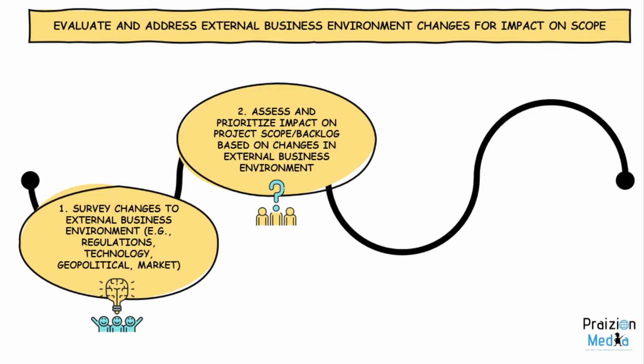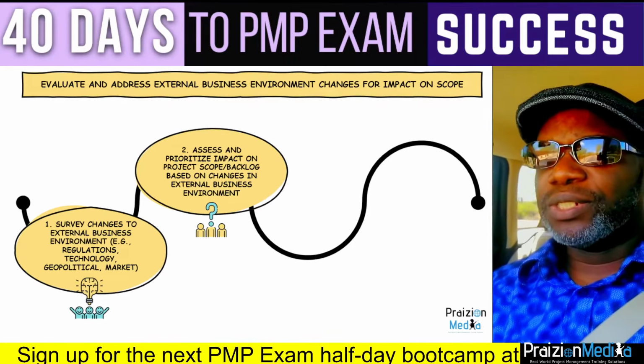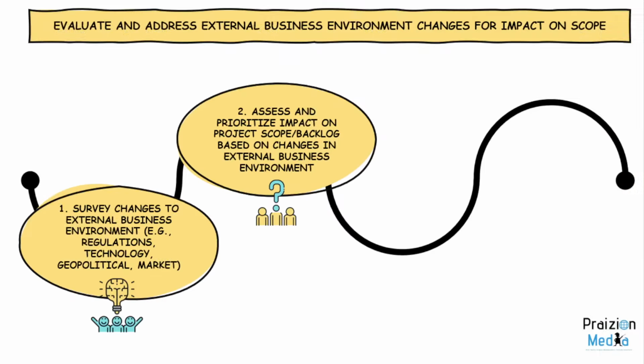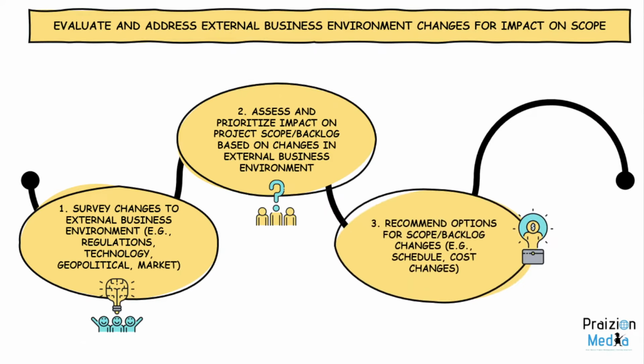So after you have surveyed the changes to the external business environment, talking about regulations, technology, geopolitical, market, and you have assessed and prioritized the impact on project scope based on changes in the external business environment and the environment at large, we then talk about recommending options for scope or backlog changes.